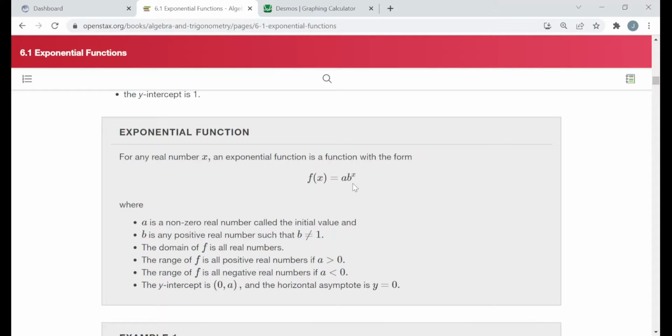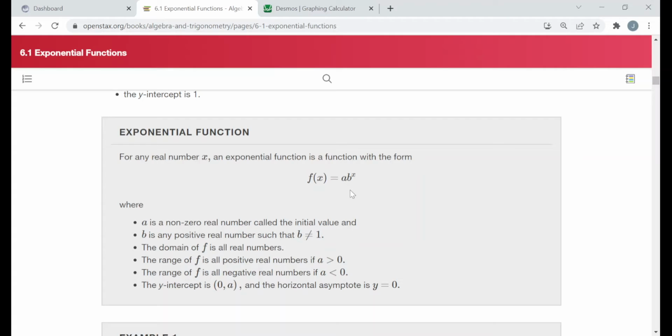You saw way earlier that when the base is 1, you just have a graph of a horizontal line, right? That's not interesting at all. The domain is all real numbers. The range could be all positive numbers or all negative numbers depending on the value of a. And if there's nothing added to it, then the horizontal asymptote's just the x-axis.